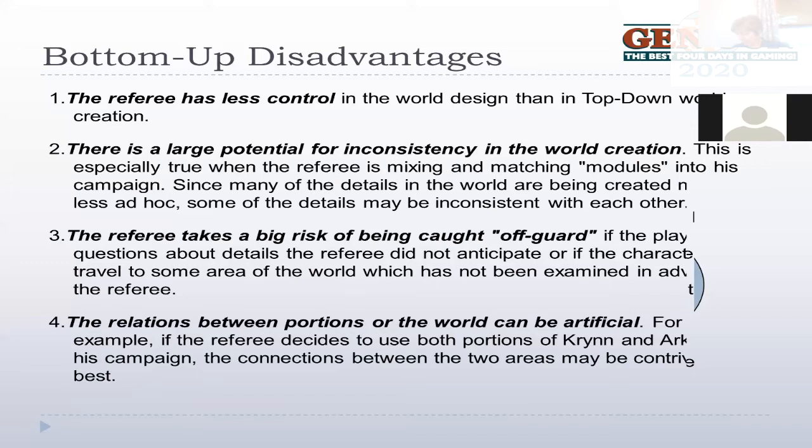We talked about the potential for inconsistency. One of the things that's really important in this is if you're adding a new module and you're not developing something from scratch yourself in terms of the next adventure for your players, if you're pulling something from a published site or somebody else's world, you've got to be careful to ensure that it's consistent.